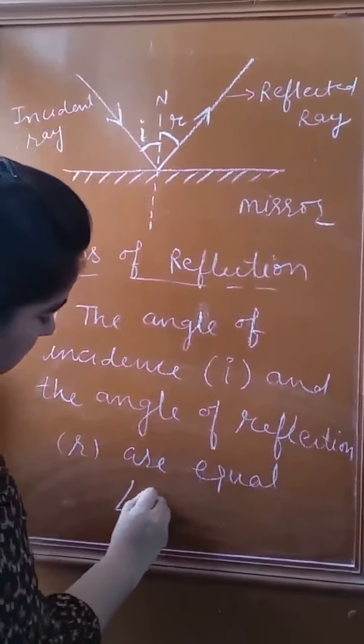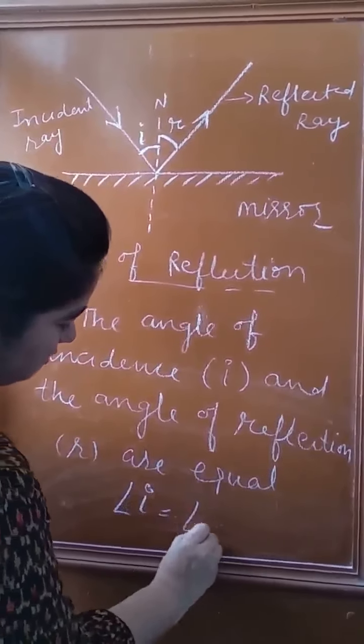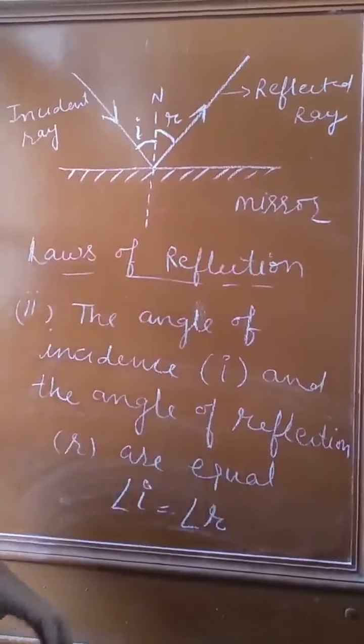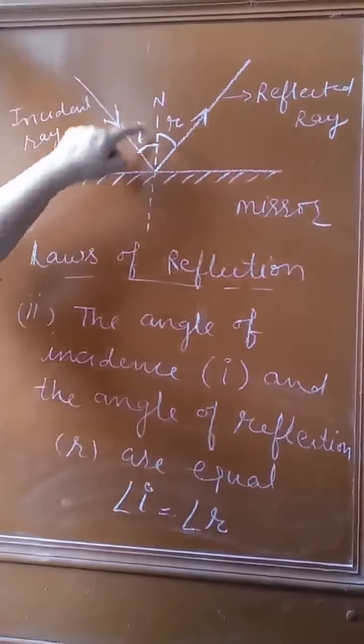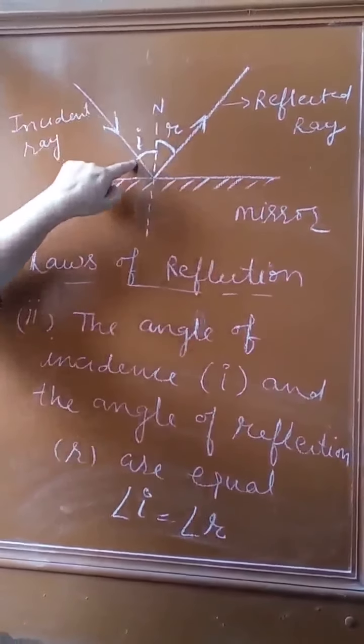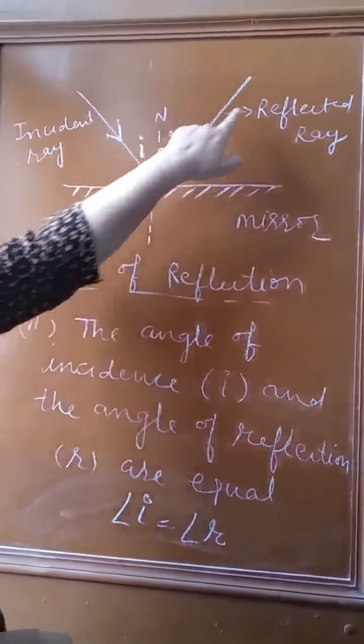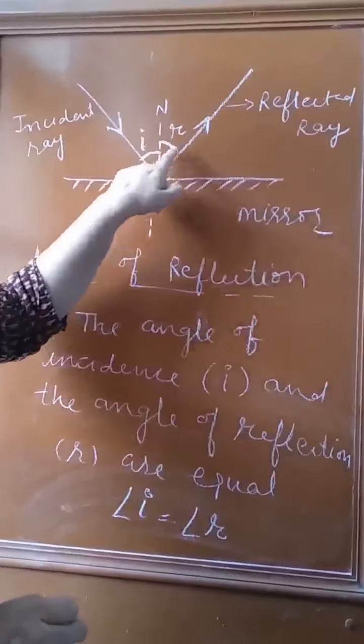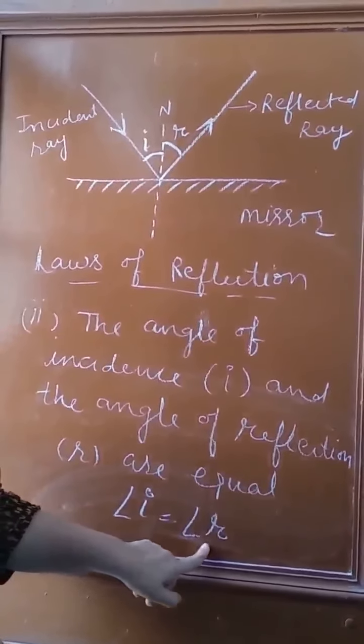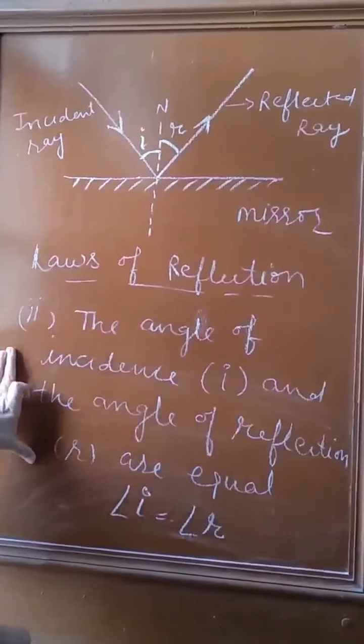Means angle I is equal to angle R. Means ये इंसिडेंट रे इस नॉर्मल के साथ जितना एंगल फॉर्म करेगी, रिफ्लेक्टेड रे भी नॉर्मल के साथ उतना ही एंगल फॉर्म करेगी. Means angle I should be equal to angle R. This is the second law of reflection.